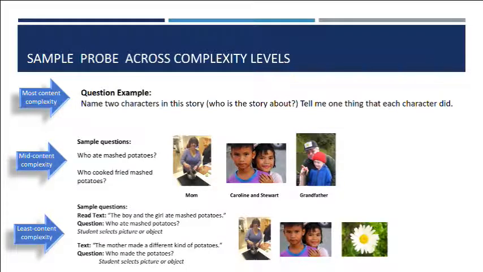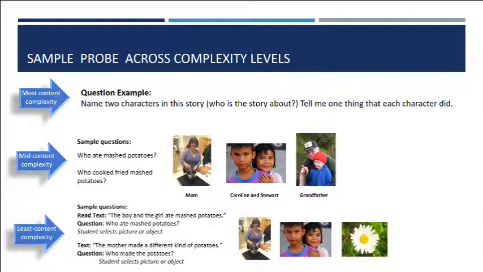And at the least complex level, we're going to give a prompt with the text and then ask them that question with the event, and then they have to select the character.